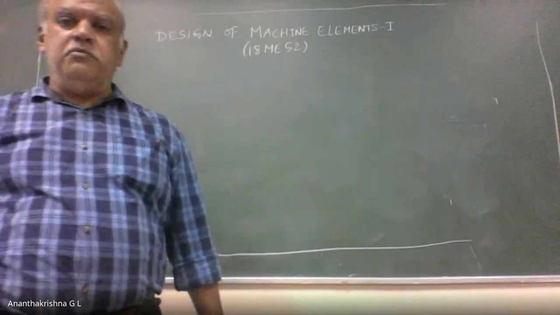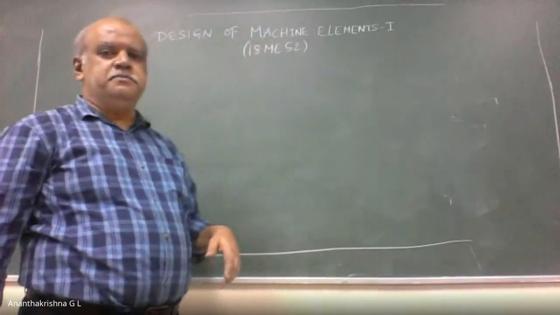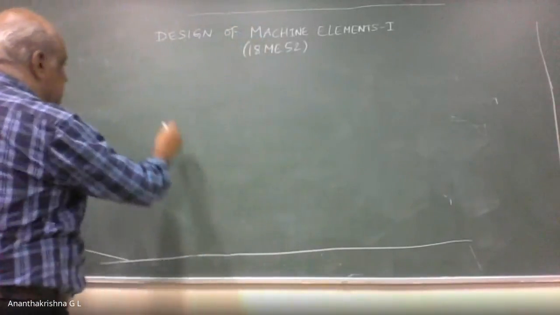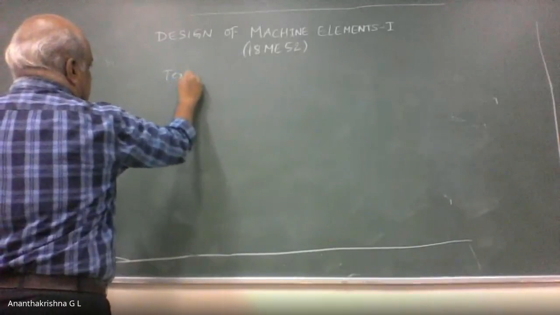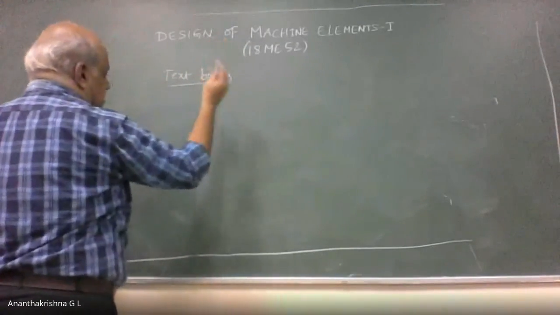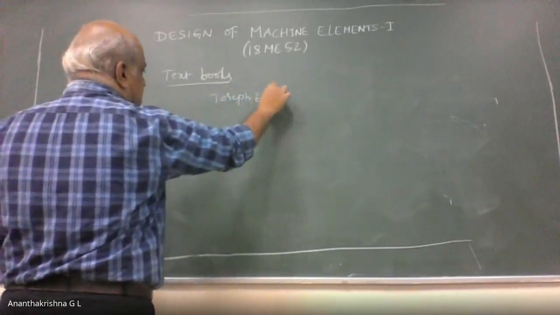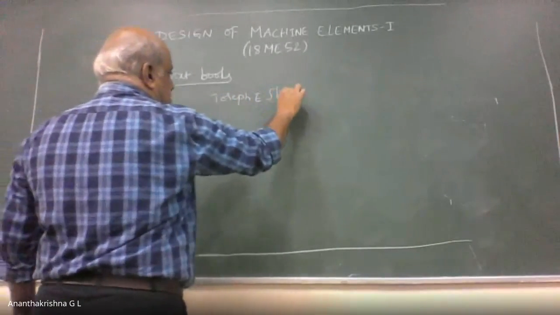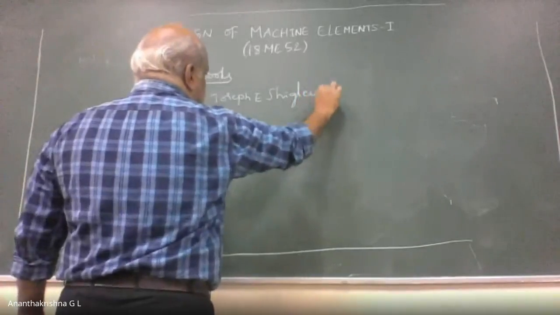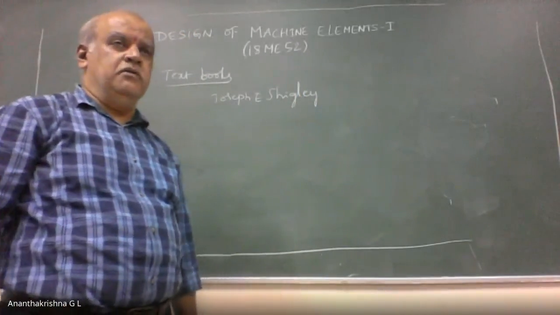Okay, these are the 5 modules that we are going to learn. Now let's look at the textbooks that we can refer. Essentially, Joseph Edward Shigley. This is the premier most book for design of machine elements.